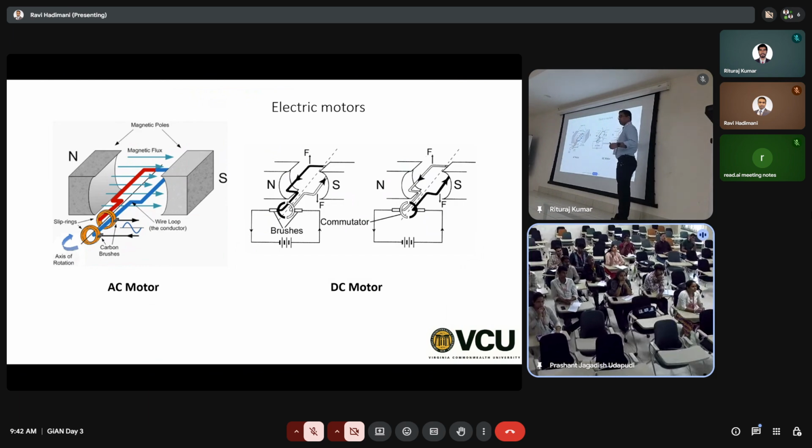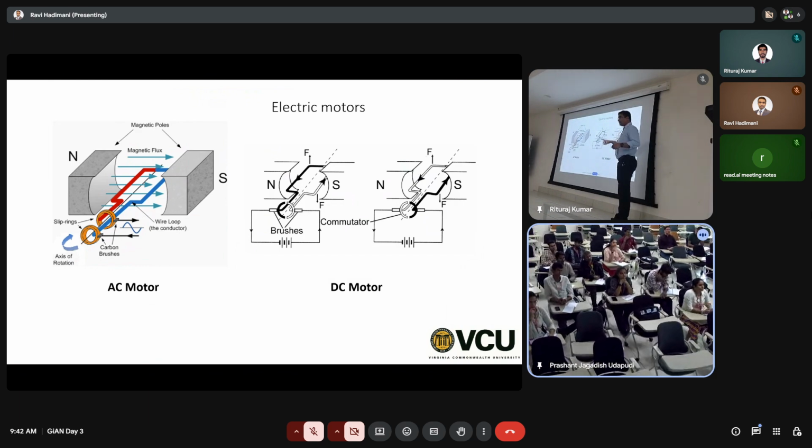If it's an induction motor, this permanent magnet is replaced by, what do you think it is replaced by? You need a magnetic field to get this rotating. So if you don't have a permanent magnet in an induction motor, what do you have? It's an electromagnet, right?